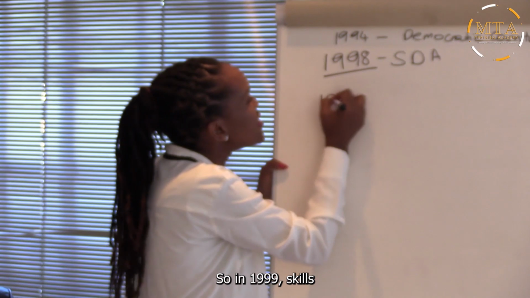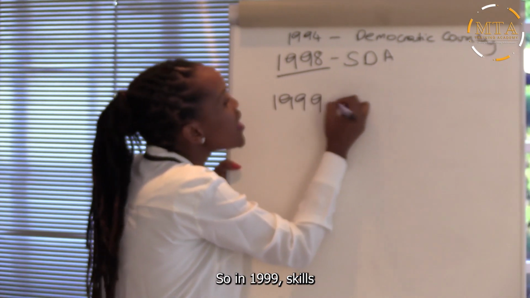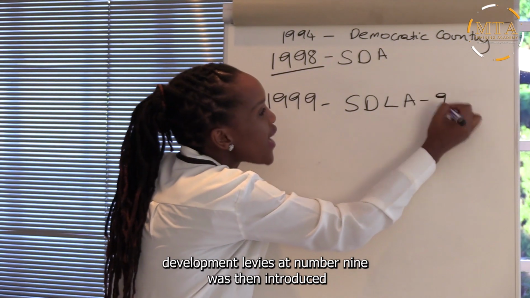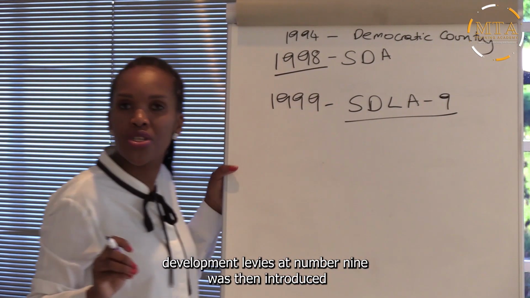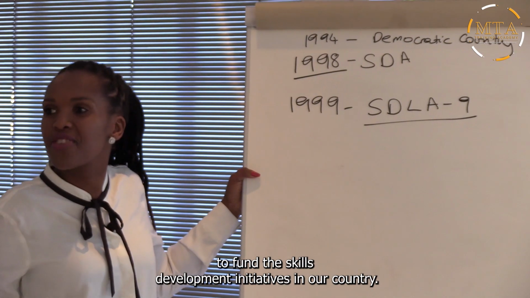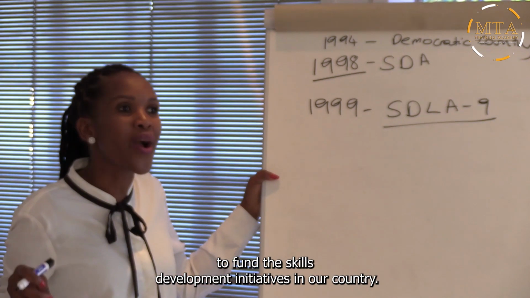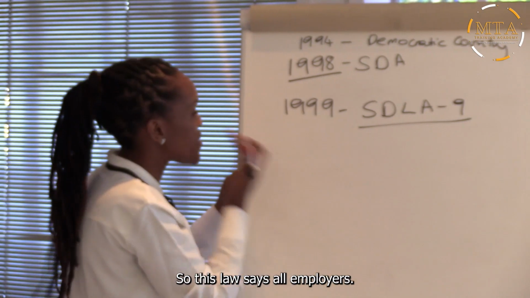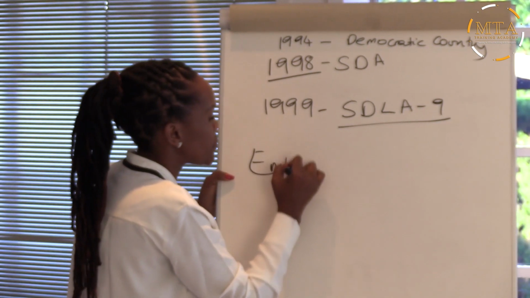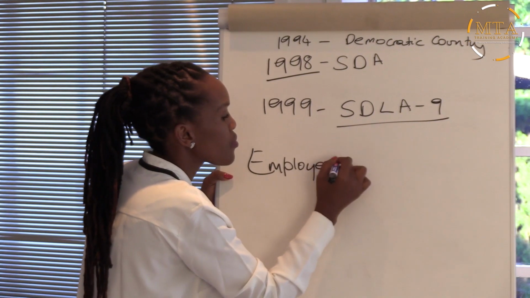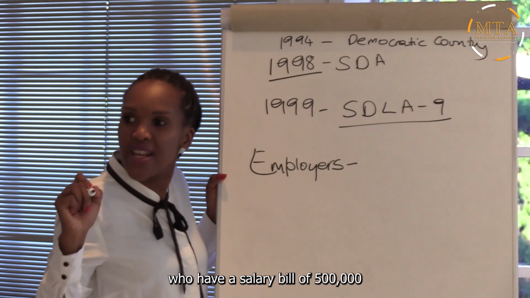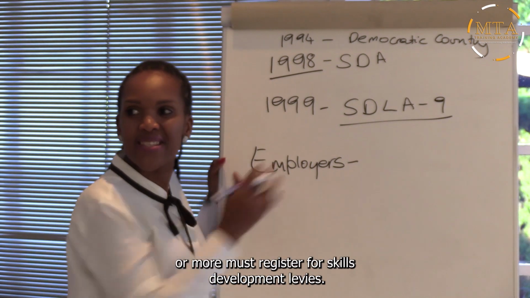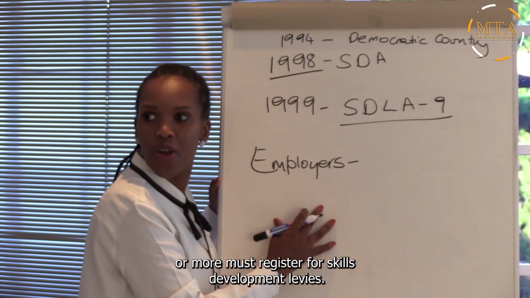So in 1999, the Skills Development Levies Act number 9 was then introduced to fund the skills development initiatives in our country. So how does it work? This law says all employers who have a salary bill of 500,000 or more must register for skills development levies.